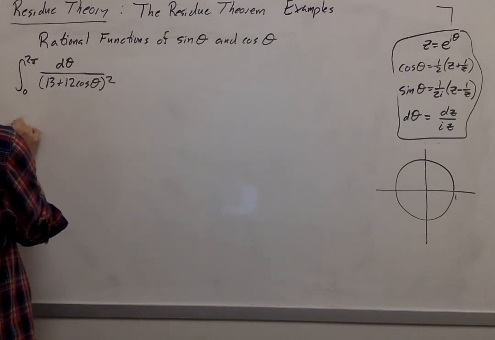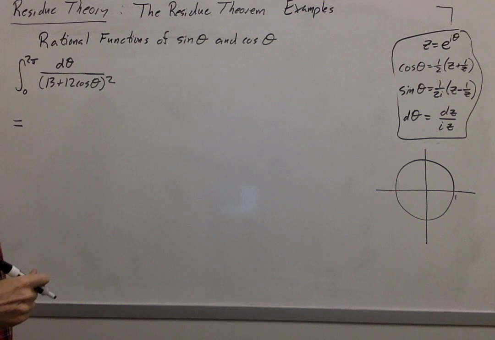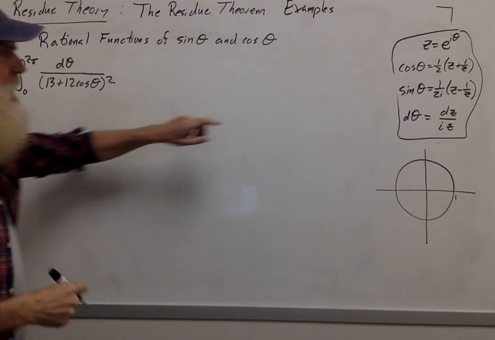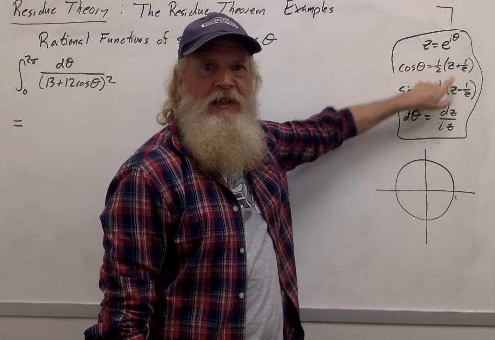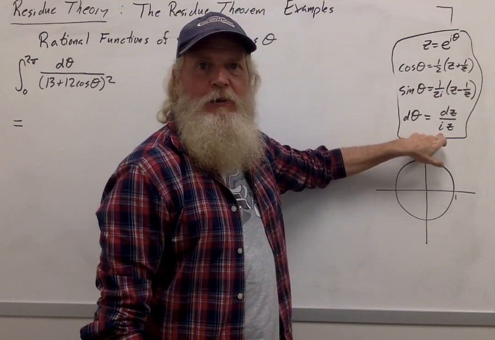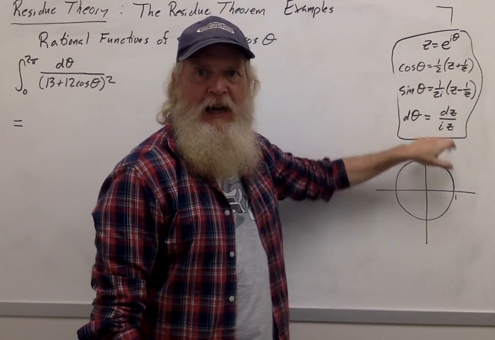So to begin with, let's make the standard substitution in this case. The cosine θ will be replaced by half of z plus 1 over z, and the dθ will be replaced with dz over iz.